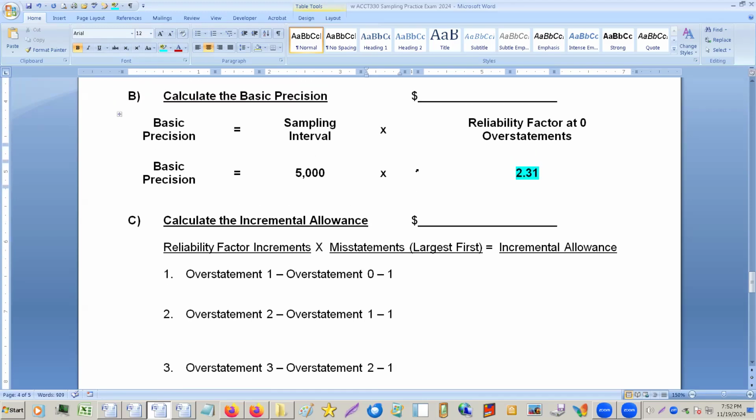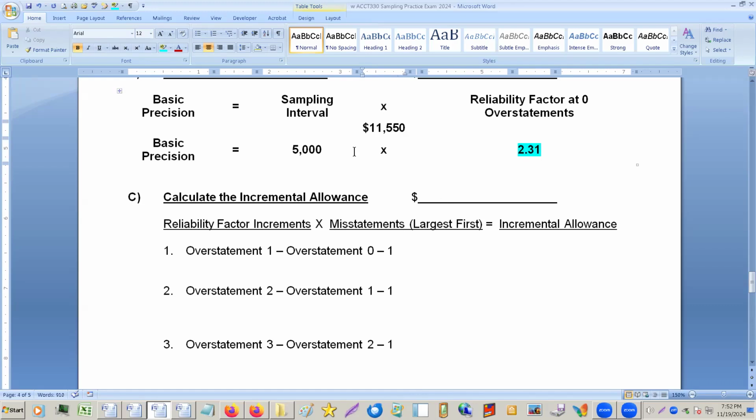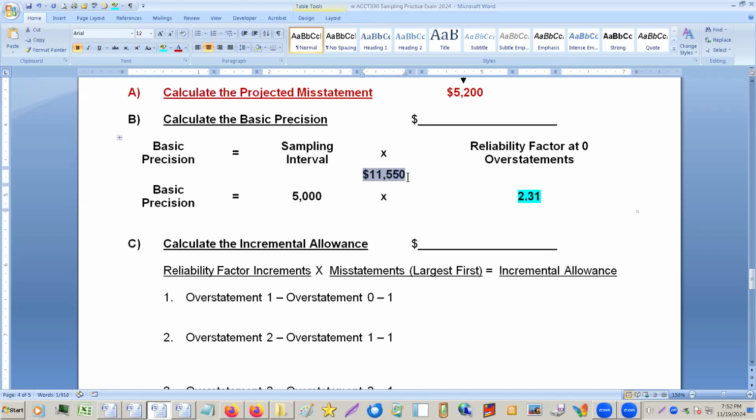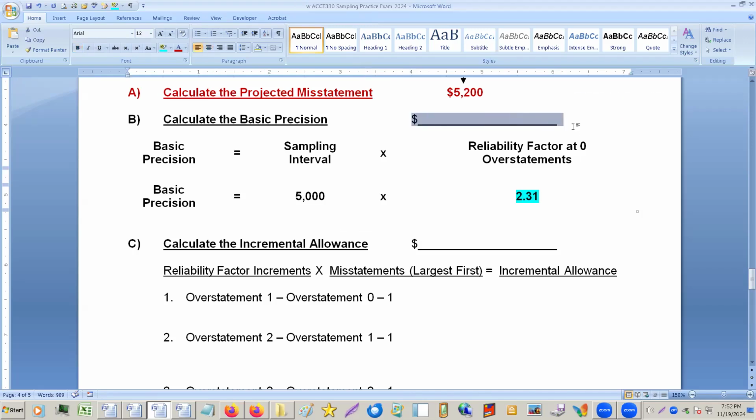Yeah, so 5,000 times 2.31 equals $11,550. So that's our basic precision.